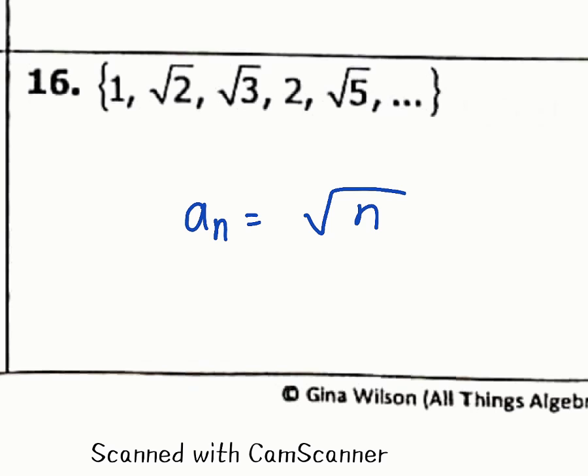Square root of 2. To find the third term, you plug in 3, square root of 3. To find the fourth term, you put 4, square root of 4 is 2. So on and so forth. So my explicit rule is all based on n. My recursive rule is all based on my previous term, a sub n minus 1.